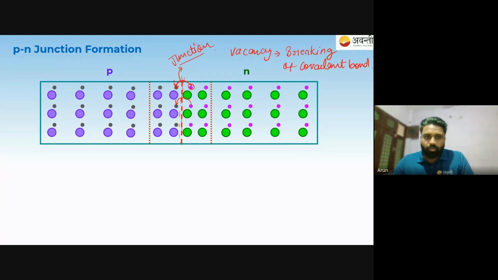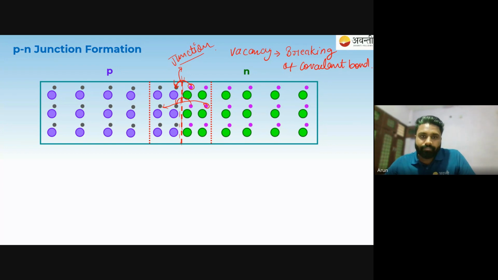So only the impurity ion itself remains, not the hole. Same goes for the pentavalent impurity: initially it had this electron, but this electron has filled this gap. So there is no excess electron on the pentavalent impurity.